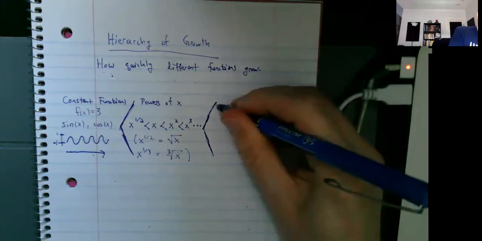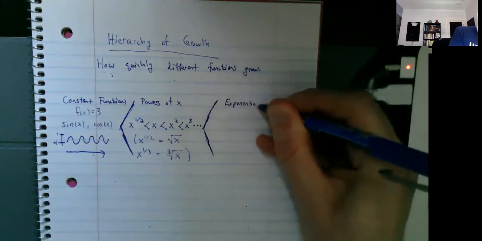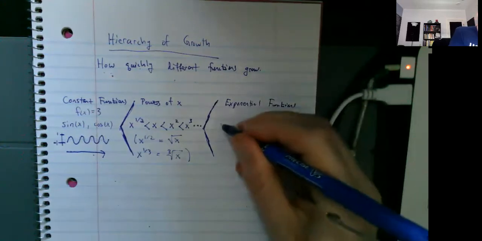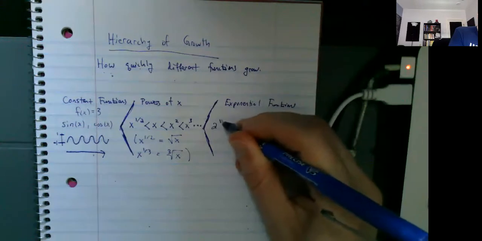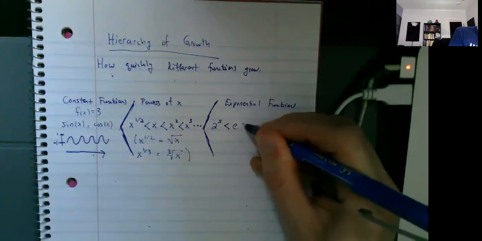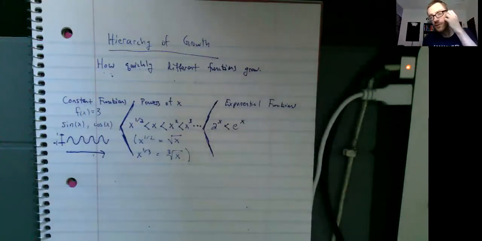And these are the exponential functions. Okay, the exponential functions look like this, like 2 to the x is less than, I'm going to write e to the x. E is a special number. You saw it if you took pre-calc honors.